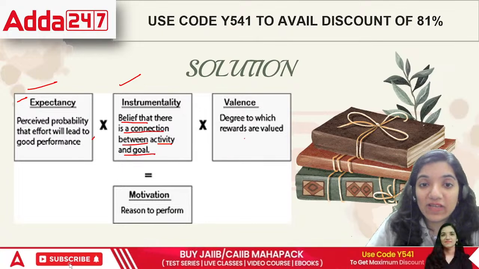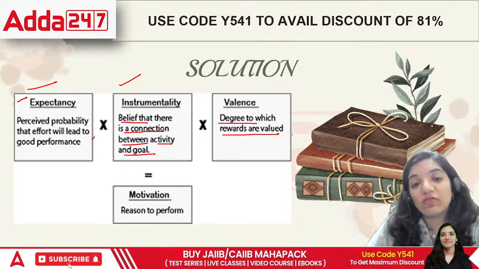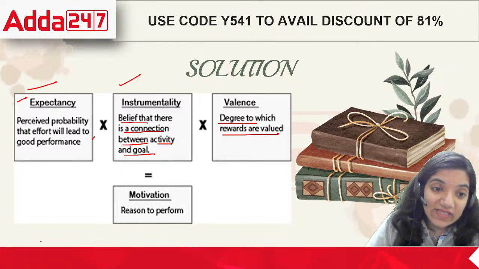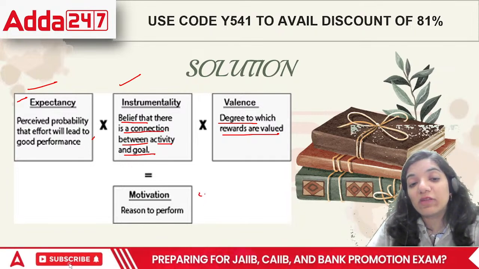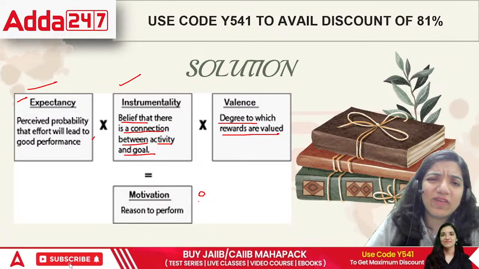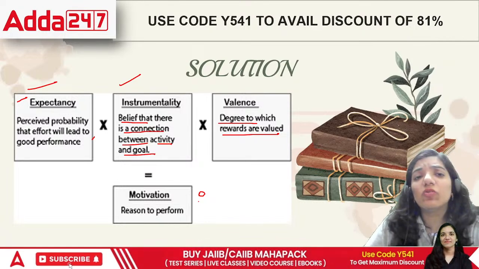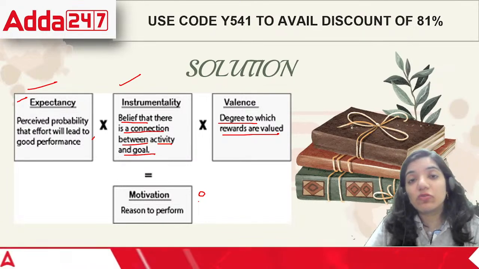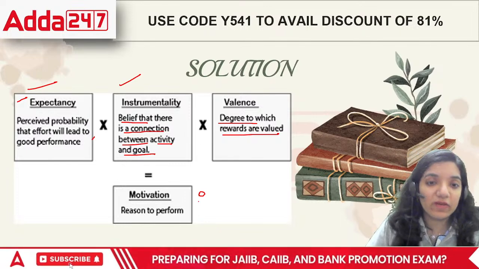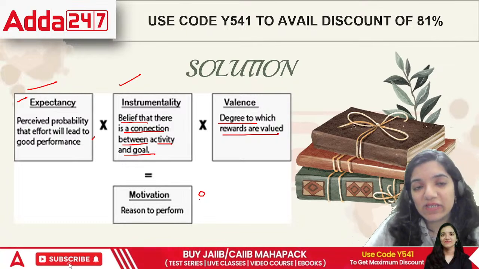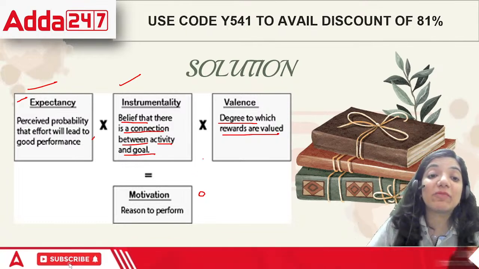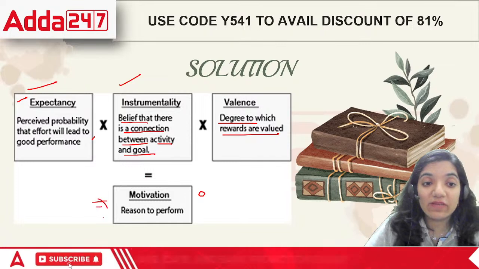And when we talk about valence, valence is the degree to which the rewards are valued. And if any of these three things becomes zero, the entire motivation becomes zero. If we do not get a reward, why am I doing it? If I'm not near the goal, then why am I doing it? If I don't even expect that I'll get something out of it, why am I doing it? That is the point. So motivation is expectancy multiplied by instrumentality multiplied by valence.